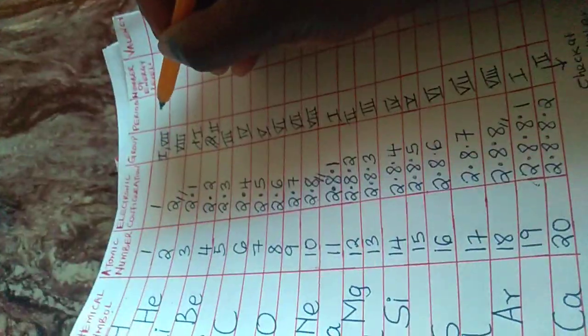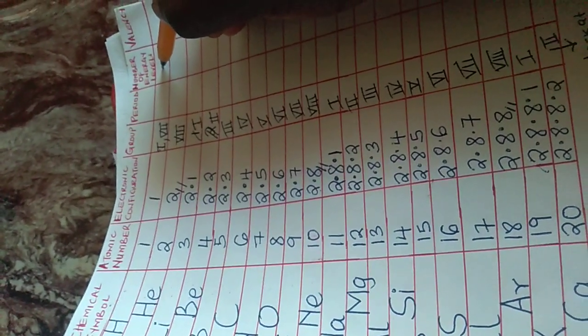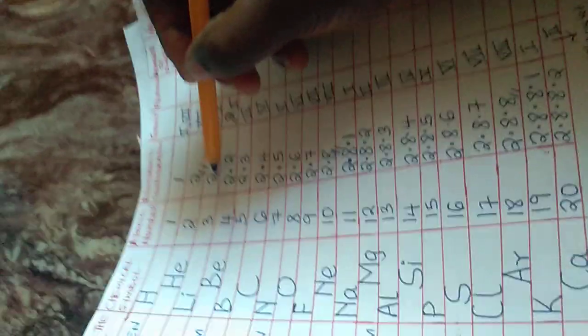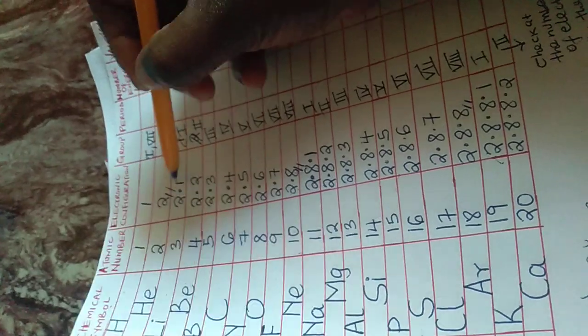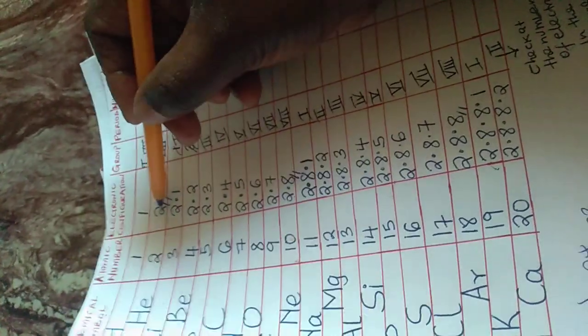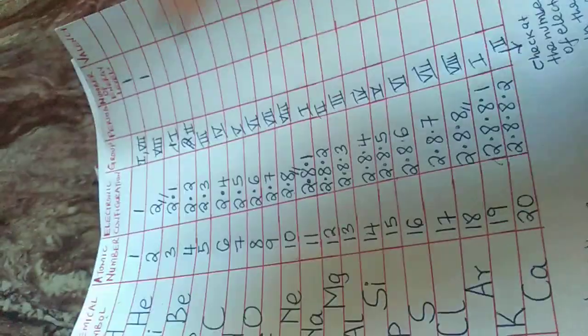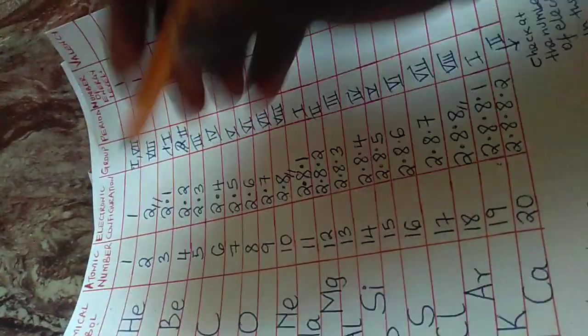For you to know the period, lazima kwanza tujaze hii ya energy level, ya number of energy levels. So mtu anaangalianga, for example this one for lithium iko na 2.1. This is the first energy level, this is the second. Meaning hizi ambazo ziko moja, they only have one energy level. Hizi ziko na 2.1, 2.2, 2.3 from this one.